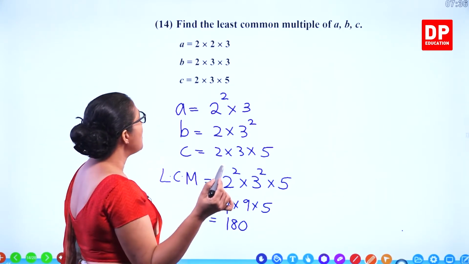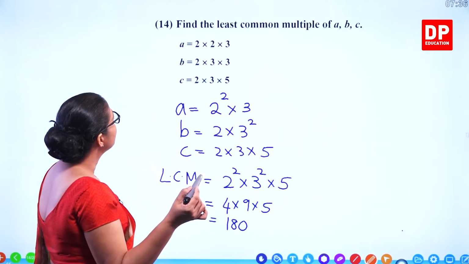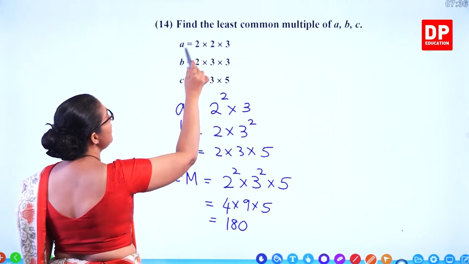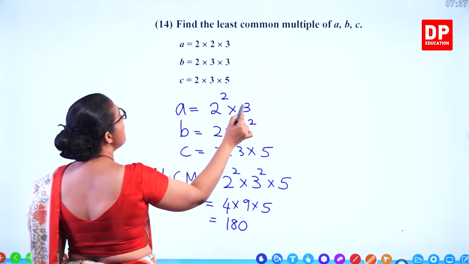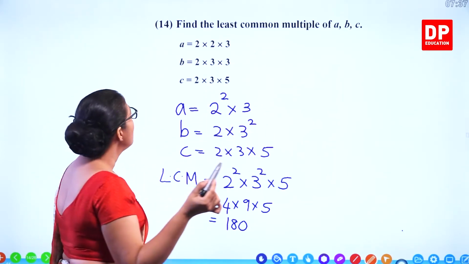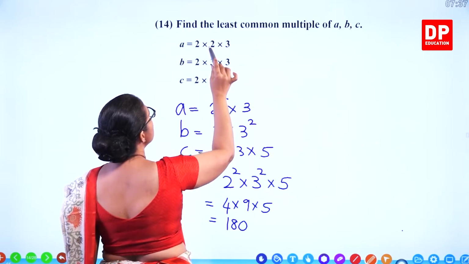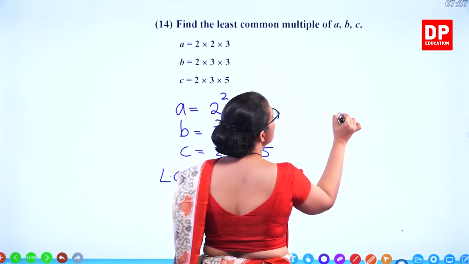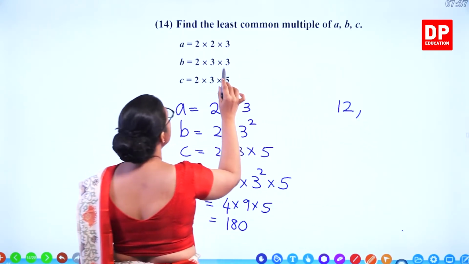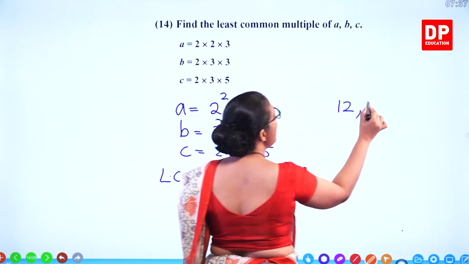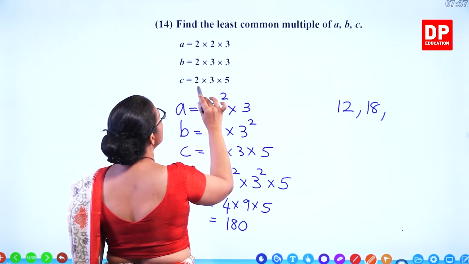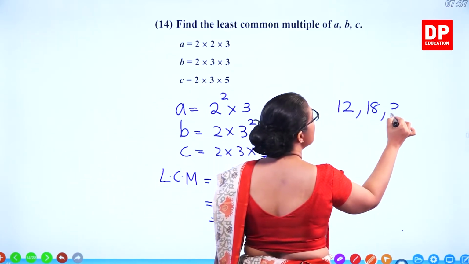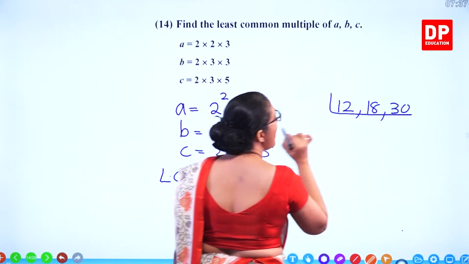Or what's the other method? You can use the numbers and find separately. 3 times 2, 6, 6 times 2, 12. 3 times 3, 9, 9 times 2, 18. 5 times 2, 10 into 3, 30. So you find at once.